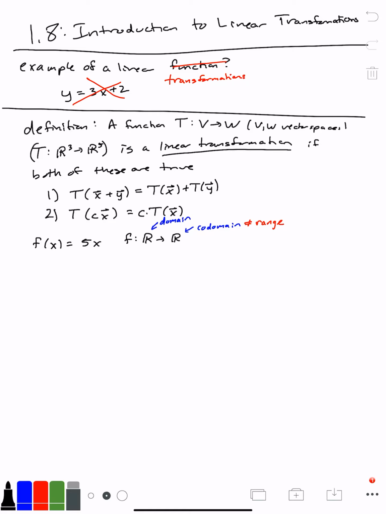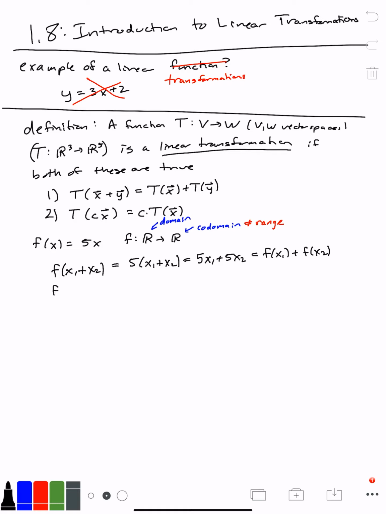We can just check here. If we add two different numbers inside my function, that would be 5 times (x1 plus x2). By the distributive law, we can distribute to get 5x1 plus 5x2, and that's the same thing as if we had plugged in x1 and x2 separately and then added the results.